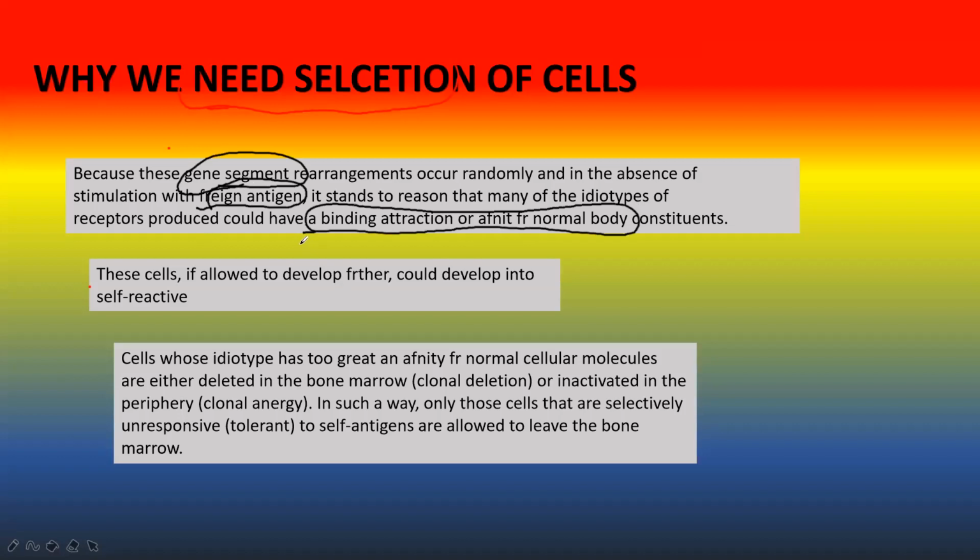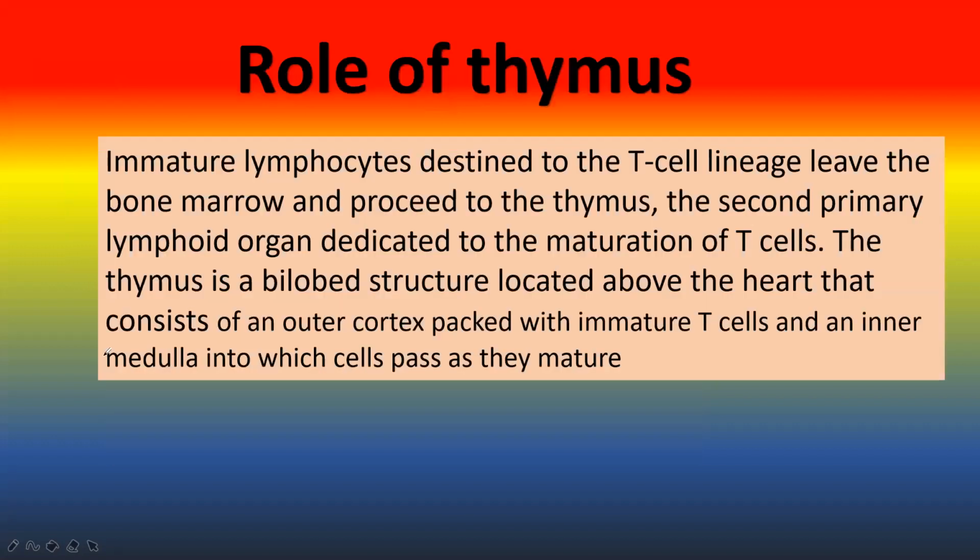They need not react against our body protein. If you do not do this selection, the cells are self-reactive, and they can stimulate autoimmune diseases, okay. Clear? It's the importance of selection.